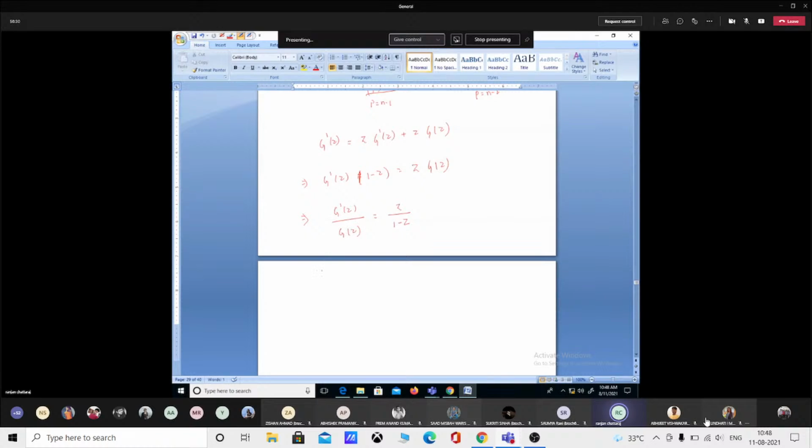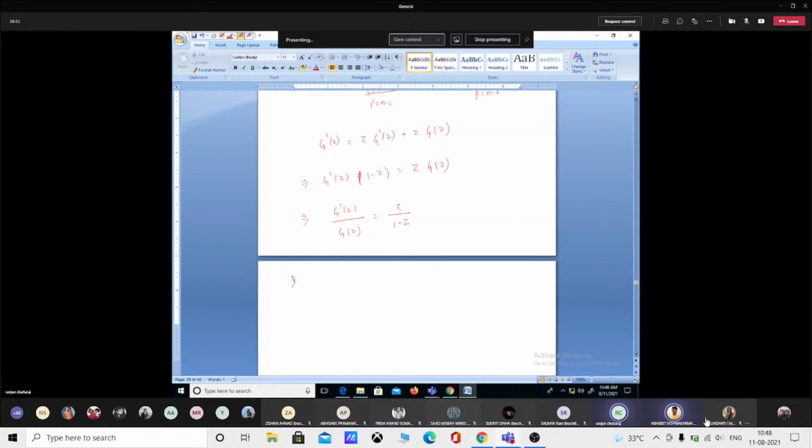Any idea how to find the gz? Sir, we have done something, integration of x dash by x. Yes. Okay. Let us try by that one.